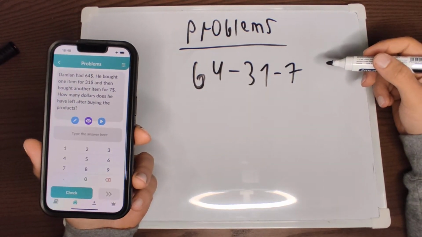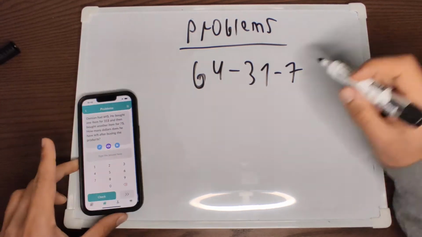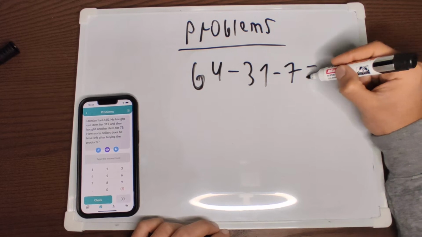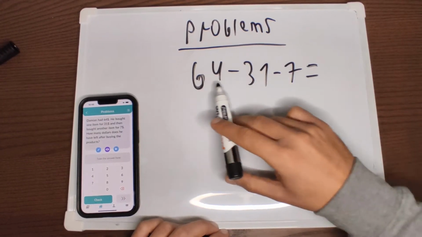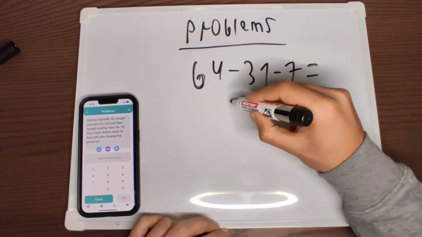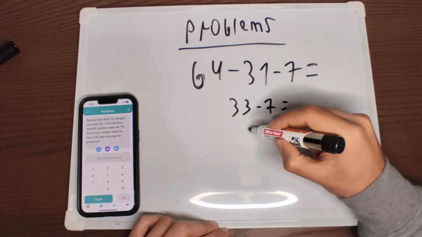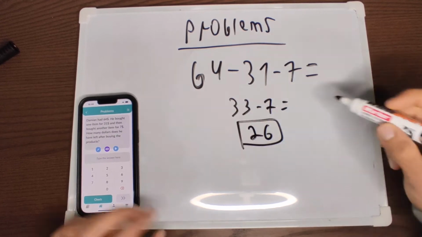So how many dollars does he have left? 64 minus 31 minus 7, so let's calculate it. 64 minus 31 is 33, minus 7, it is $26.